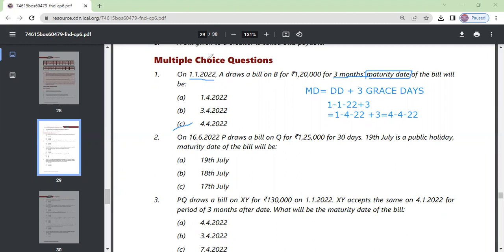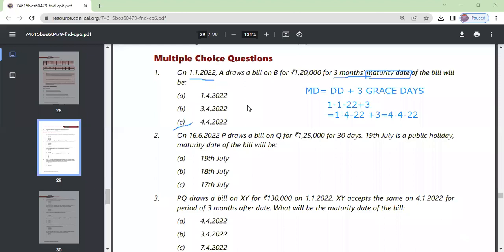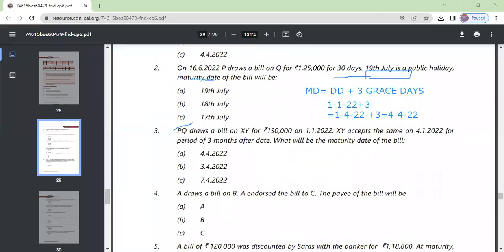Now coming to question number 2. Please read the question. On 16th June 2022, P draws a bill on Q for 1,25,000 for 30 days.